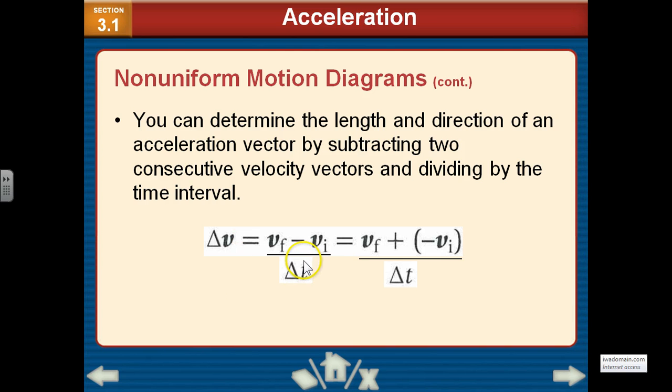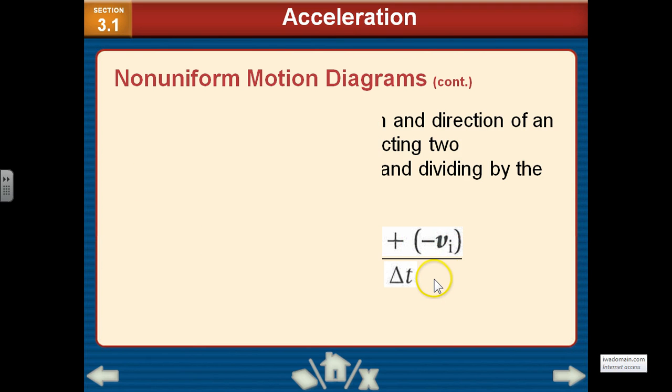You can determine the length and direction of the acceleration by subtracting consecutive velocity vectors. In terms of a formula, the acceleration is the change in velocity, final minus initial, divided by the time frame that you're looking at. Or another way of looking at it is you could add a negative initial vector, put it over time.